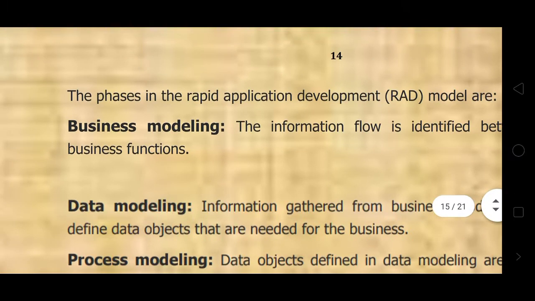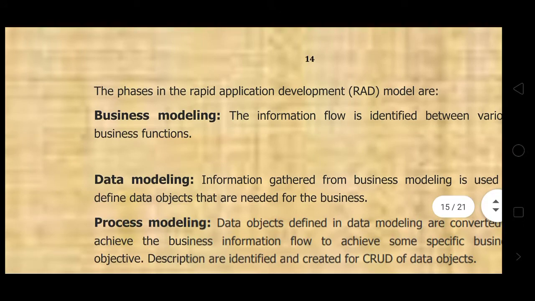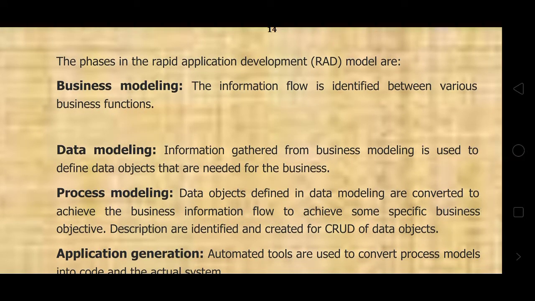The phases in the RAD model are as follows. First is business modeling: the information flow is identified between various business functions.